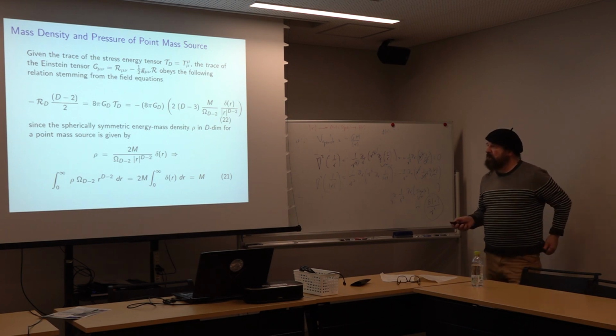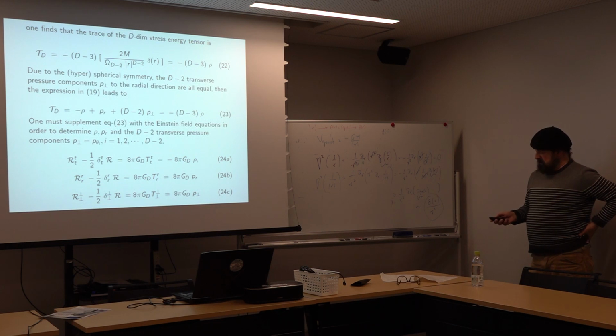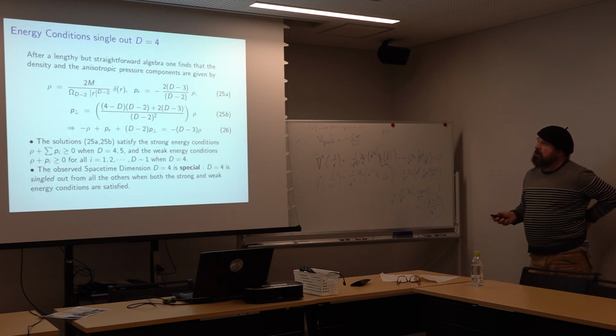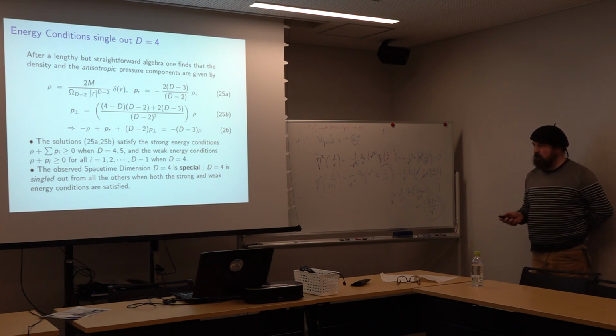Okay? So when you do the algebra, I'm just going to give you the answer. At the end of the day, in d dimensions, in general, the energy density is going to be given by the mass of the point mass. You have a delta function.